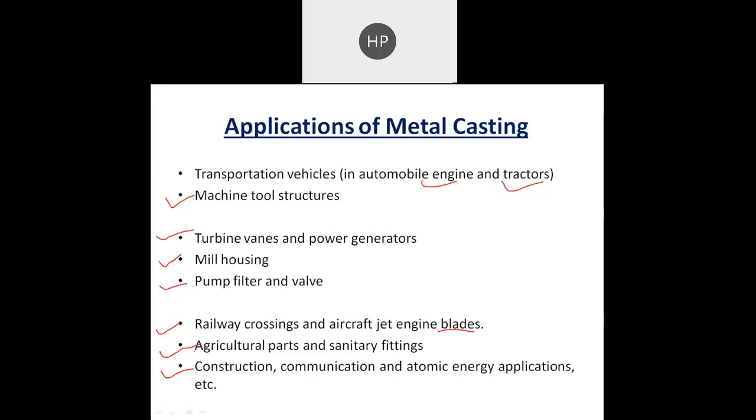We cannot define each and every one here, but there are a large number of areas where we can easily apply the casting process to produce certain parts. So this is the application of the metal casting process.